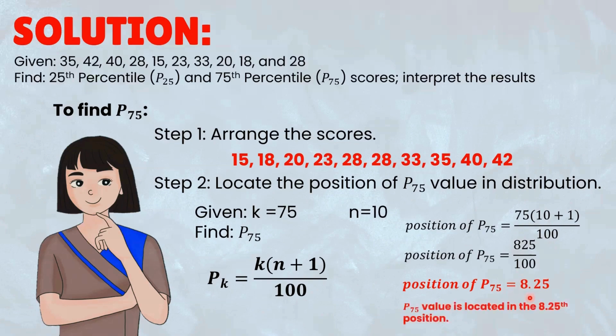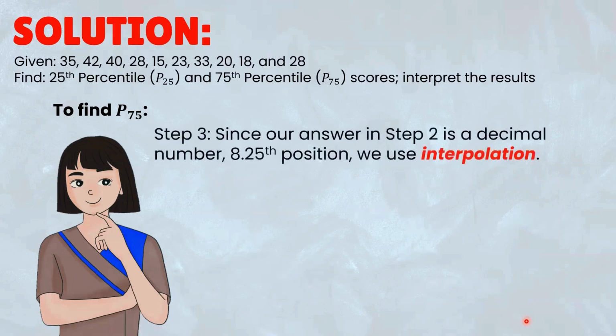Since our answer after using the formula is a decimal number, 8.25, we need to proceed to step 3, which is interpolation. By the way, our percentile 75 value is located in the 8.25th position. Okay.